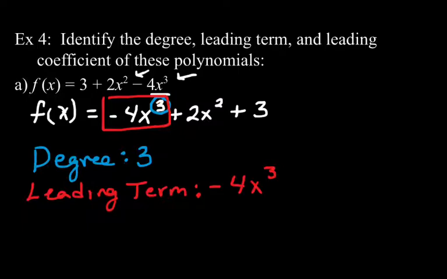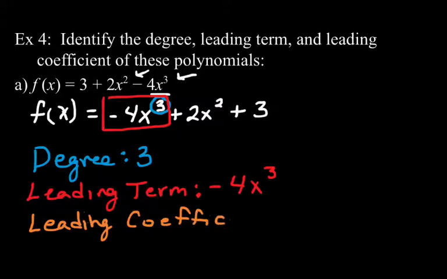And then finally, we have the leading coefficient. And the leading coefficient, remember, is just the number of that leading term, the number part, so negative 4. So that's our degree, our leading coefficient, and our leading term for that particular example.